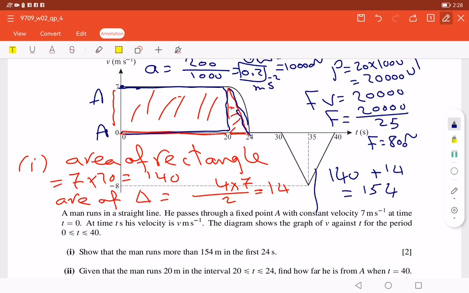But remark, we also have another part, and we didn't find its area. What does it mean? It means we have an area greater than 154.